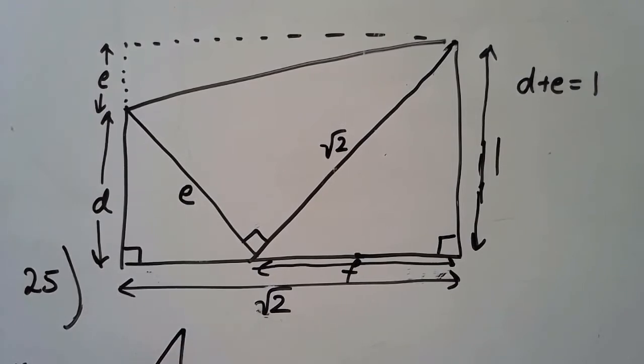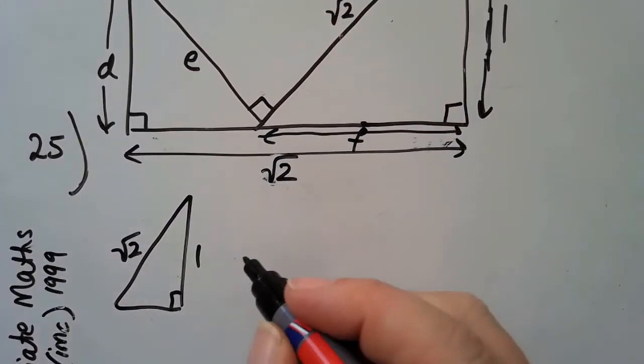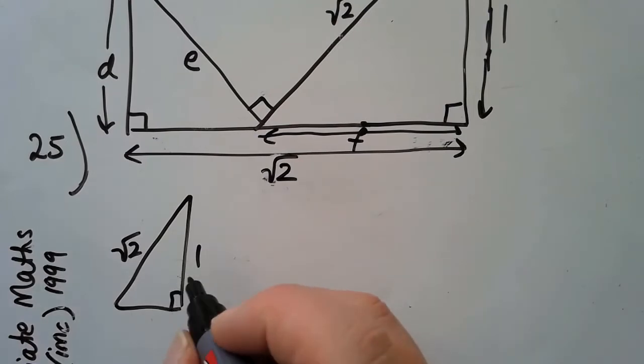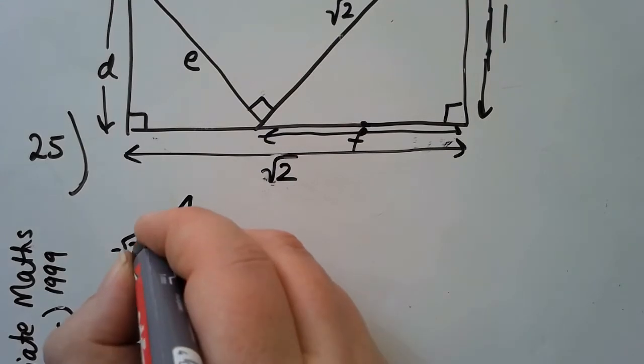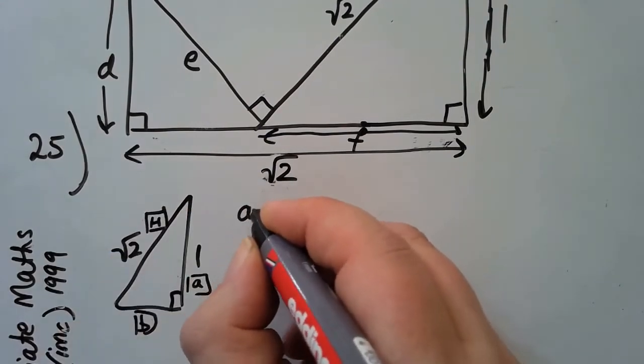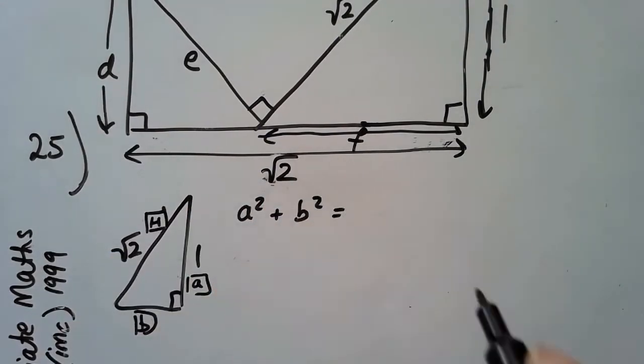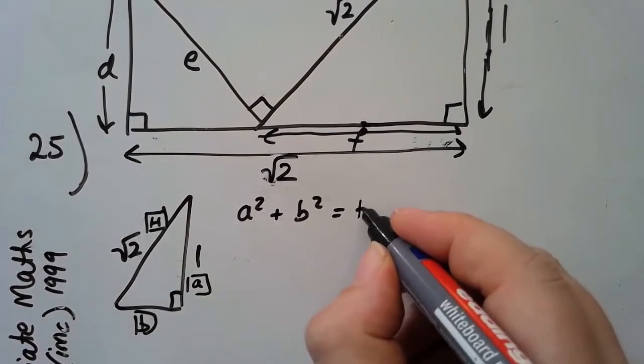We know this is a right angle, this is √2, and that is 1. Now, using Pythagoras' theorem, we've got an A here, a B here, and I like to put an H here to label it. A squared plus B squared equals H squared.